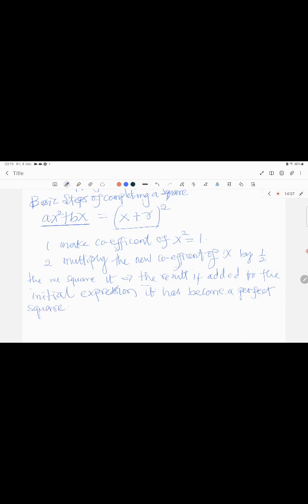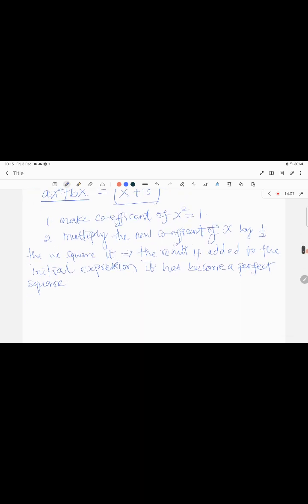So let's take an example. What must be added to 1 x squared plus 4x to become a perfect square?